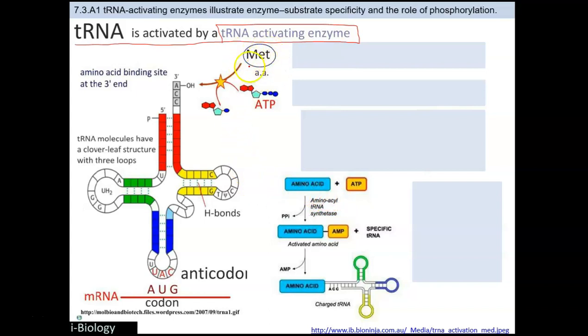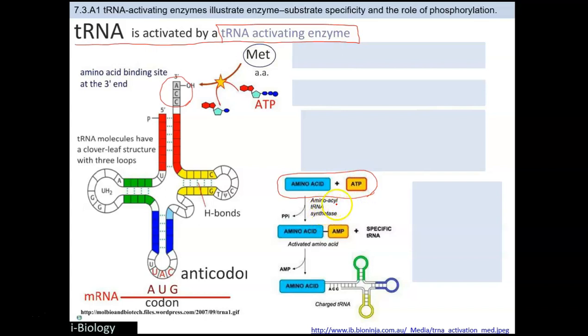If the amino acid methionine wants to be added to this acceptor part, you remember the ACC acceptor, then there should be an enzyme, and by the presence of that enzyme, ATP will be added to the amino acid.